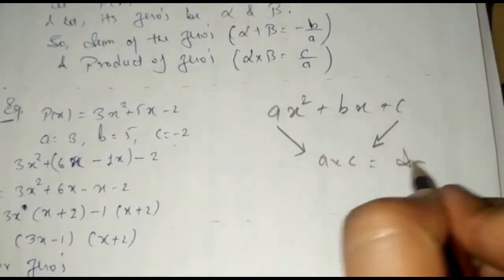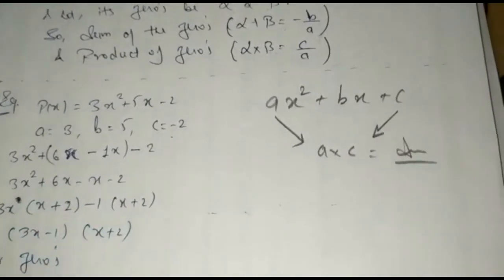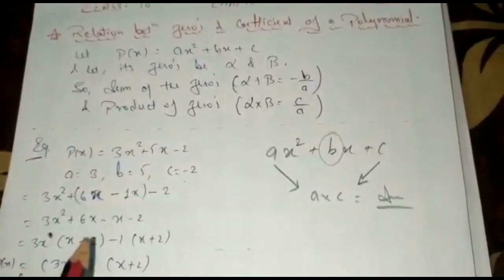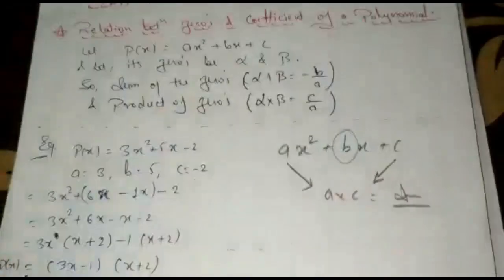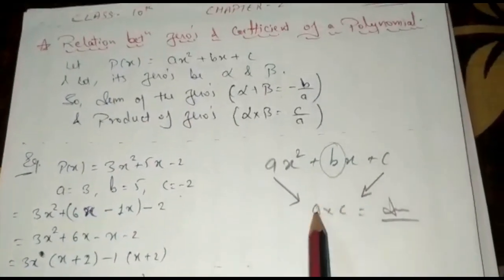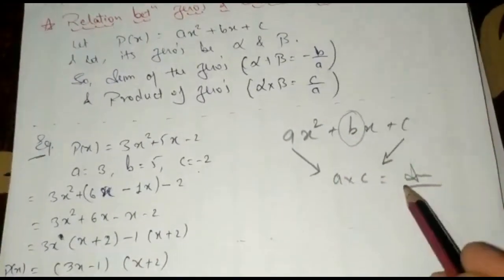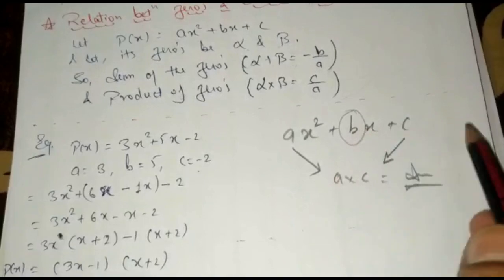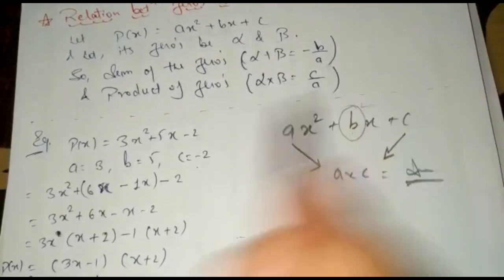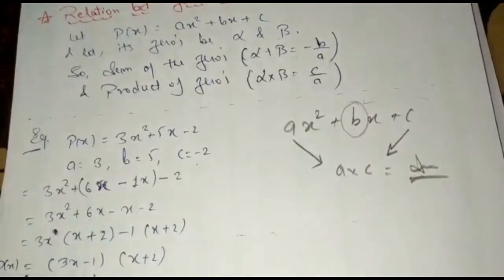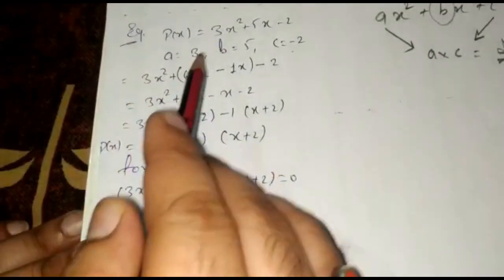Whatever answer we get, we have to split the coefficient of x into two numbers such that when we multiply both numbers we get that answer, and when we add or subtract these two numbers, we get the value of b. How this whole thing works, we will understand in this example.